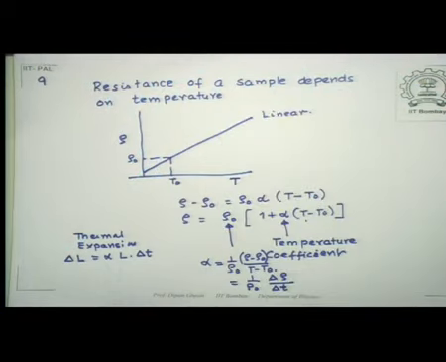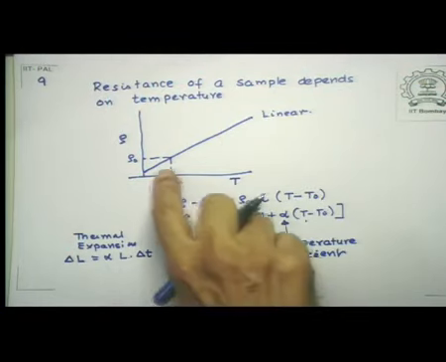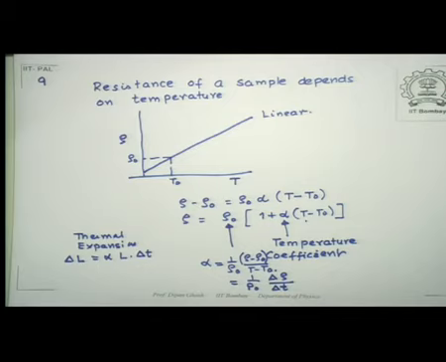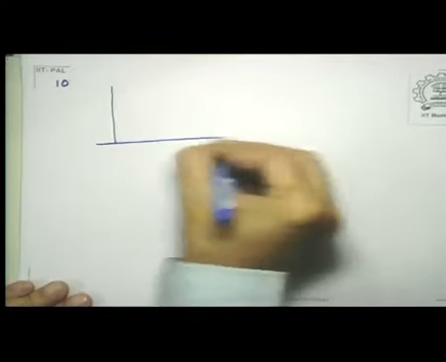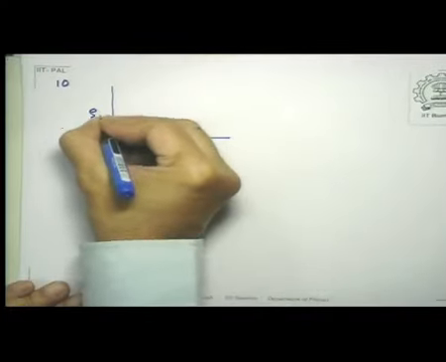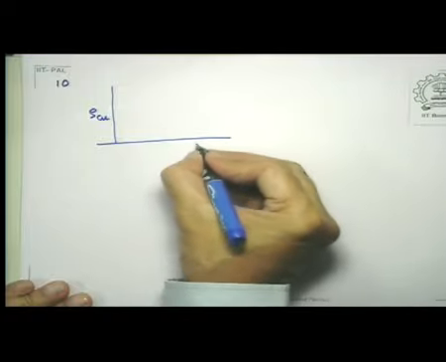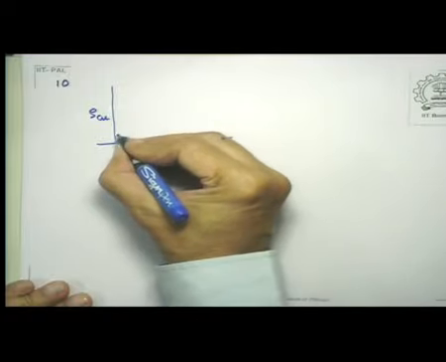Sometimes in some materials, depending upon the temperature range, this relationship may not remain valid, in which case you should probably add corrections like beta into T minus T0 squared plus gamma into T minus T0 cubed, etc. So for a material such as copper, for instance, if you plot resistivity versus temperature, the variation is like this.